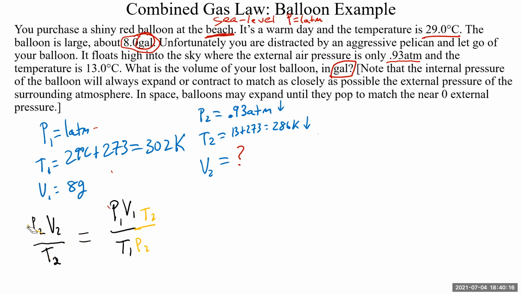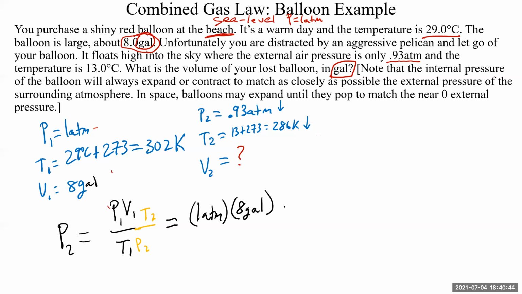Either way. So we plug in, and of course, because I did that, these cancel out, and I have V2 all by itself on the left side, which is what I want. So I'm just solving for V2 here. I plug in my numbers: P1, 1 atmosphere. V1 is 8 gallons, not grams, gallons.